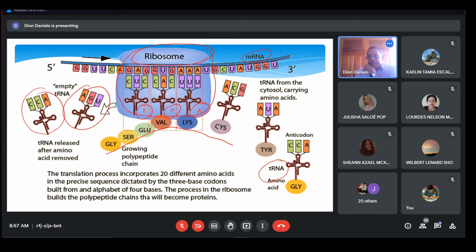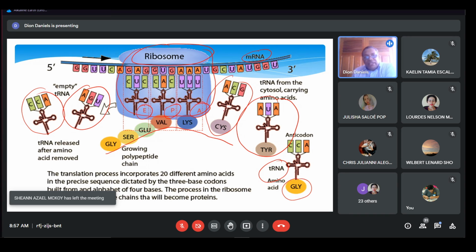So from the right, these transfer RNA are coming to the ribosome, bringing with them these amino acids. And take note, the amino acid corresponds to the codons on the messenger RNA. What these transfer RNA have are anticodons that correspond to the codon on the RNA molecule.